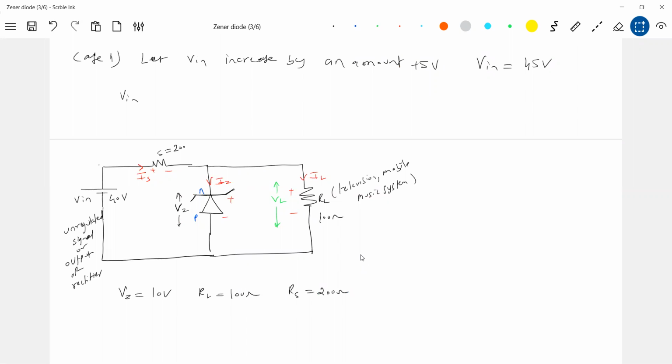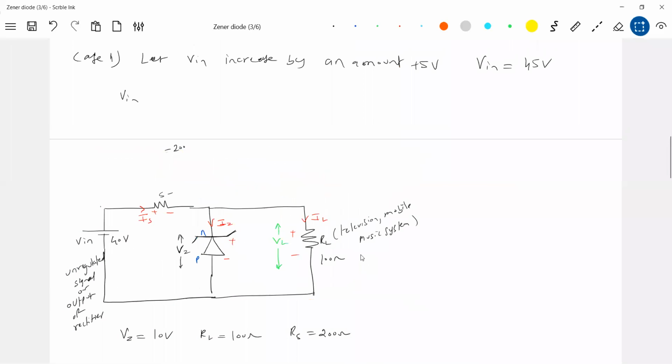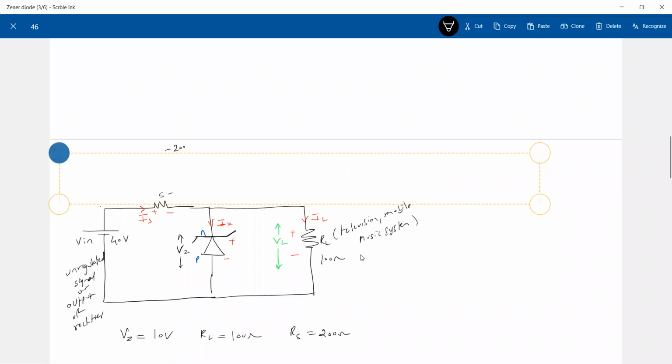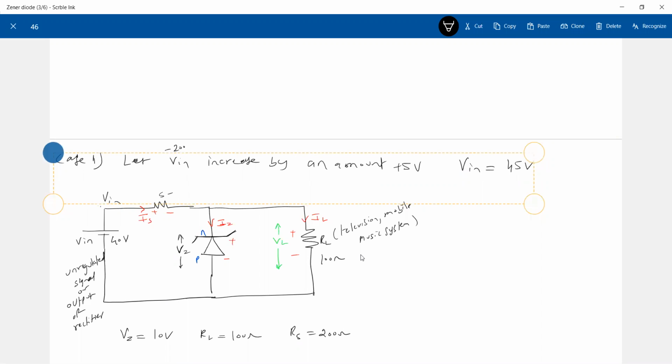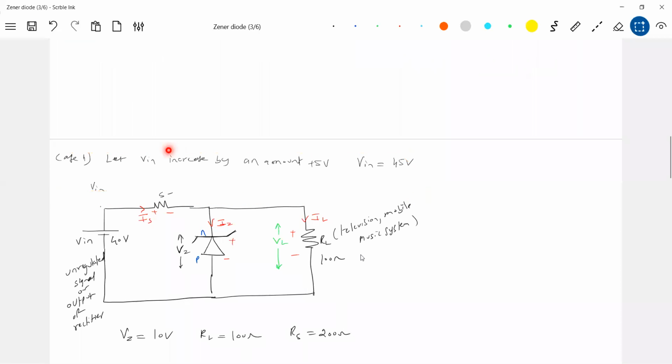What should I write? 45 volt I should write for this. Earlier it was 40, now 45 volt.